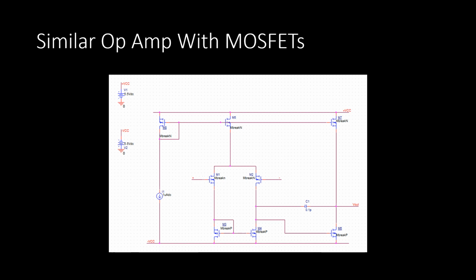Also, this amplifier would have a lower gain because of the lower transconductance of the MOSFETs. And finally, this amplifier would have lower power consumption because there would be no current entering the gate of each of the FETs, and there would be fewer devices here.